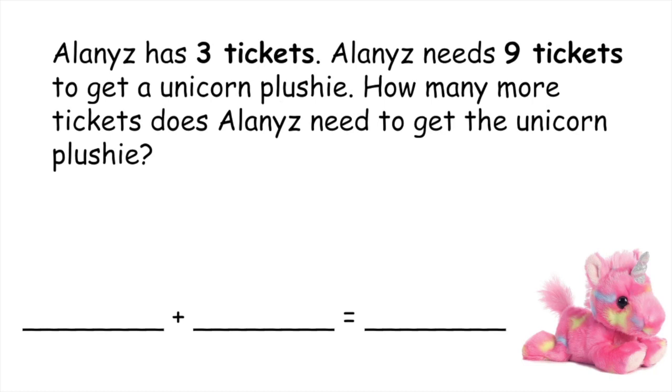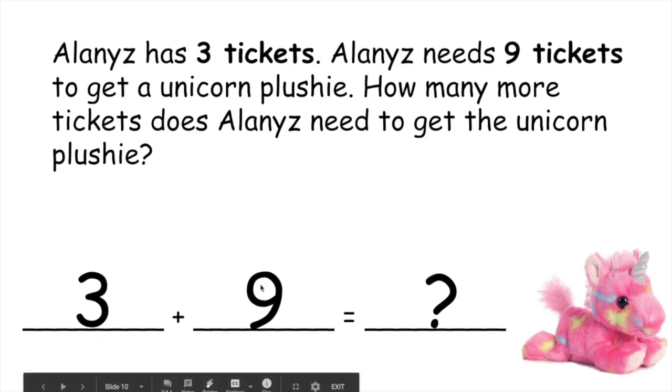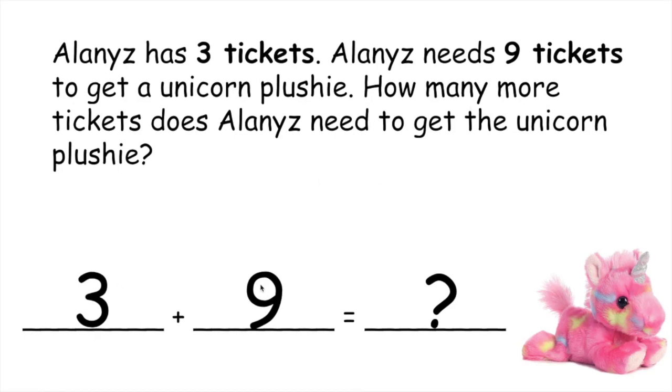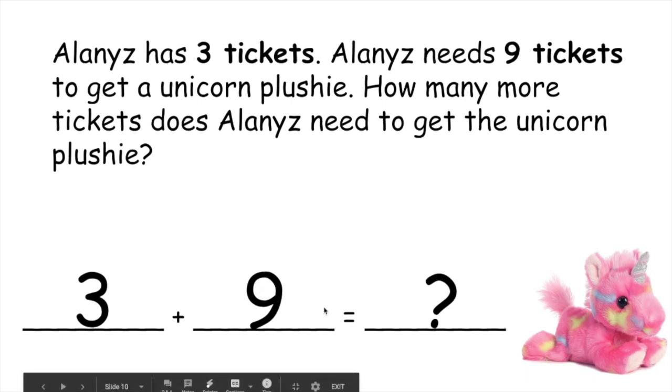So we can think of this problem as an addition problem. We could set up the problem 3 plus 9 equals blank. But would that make sense? I'm using the numbers from our word problem. But let's think about it. What does 3 plus 9 equal?